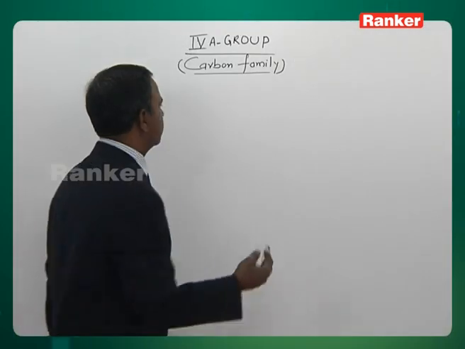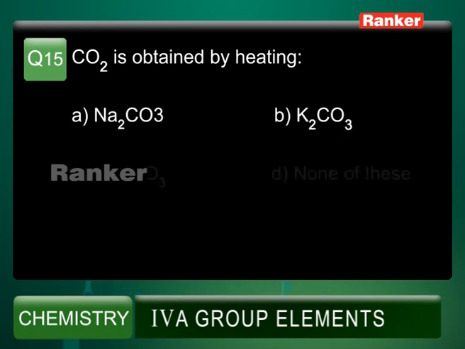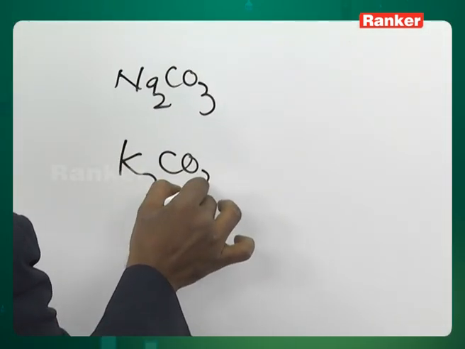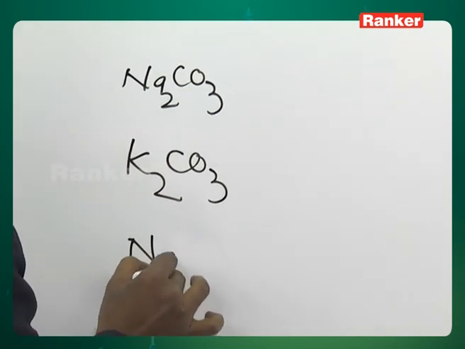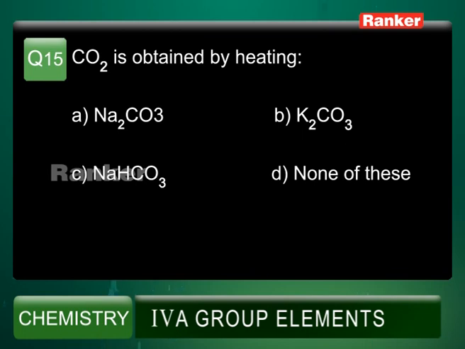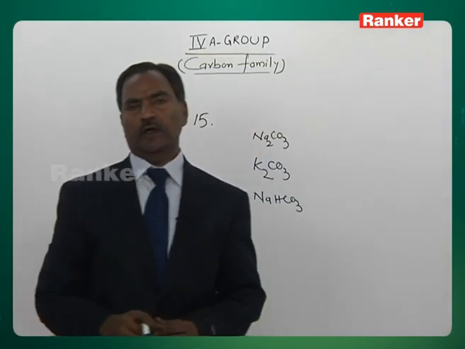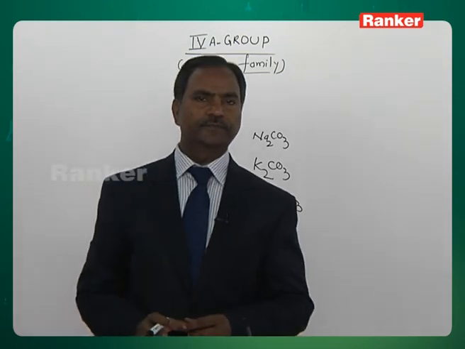Question number 15. CO2 is obtained by heating: A, sodium carbonate; B, potassium carbonate; C, sodium bicarbonate; D, none of these. See, sodium carbonate and potassium carbonate are actually stable substances.